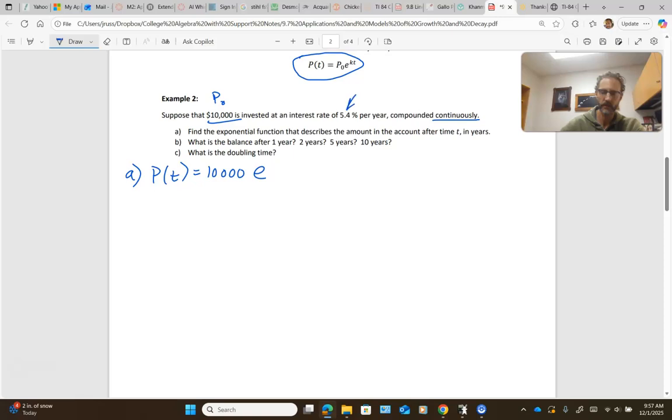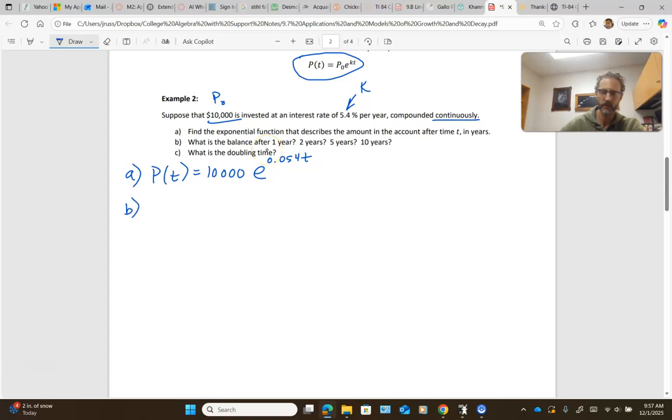Well, k is 5.4%, which as a decimal is 0.054, and then times t. Okay, so this is my function, specific to this particular problem.